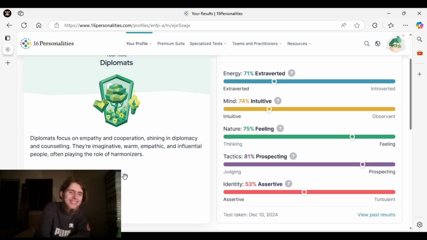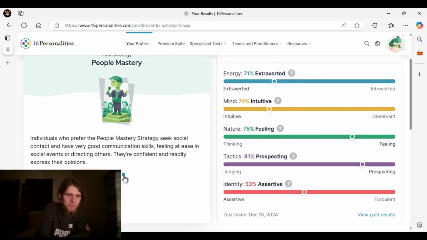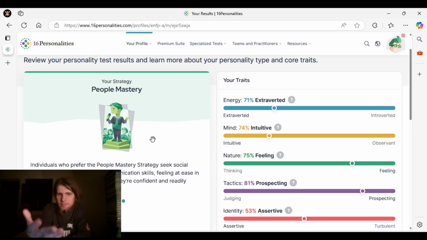At least that's how I feel. I'm not entirely sure how others would feel about it, but that's how I feel. And my strategy is just people master, apparently. I don't know whether this is true or whether I'm actually doing it. Please let me know.